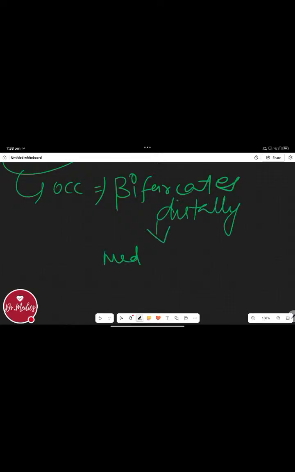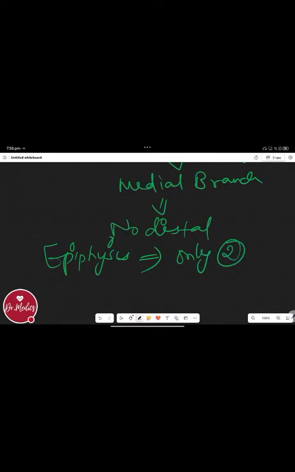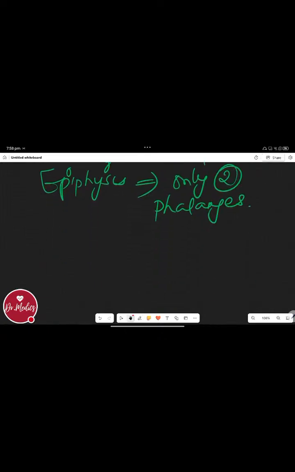Then the medial branch has no distal epiphysis and has only 2 phalanges. The lateral branch has a distal epiphysis and 3 phalanges.